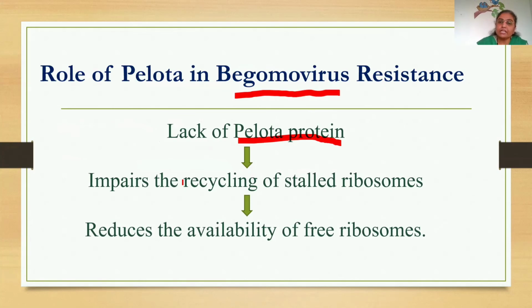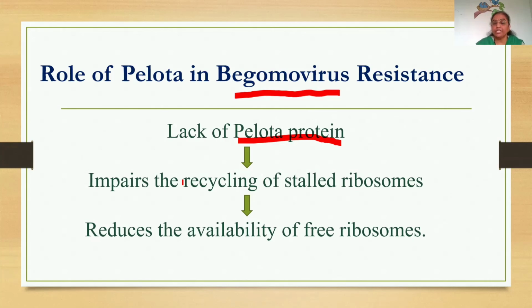There is no recycling of the ribosomes at all, so there are no free ribosomes available. Lack of pelota impairs the recycling of the stalled ribosomes, so it reduces the availability of the free ribosomes.